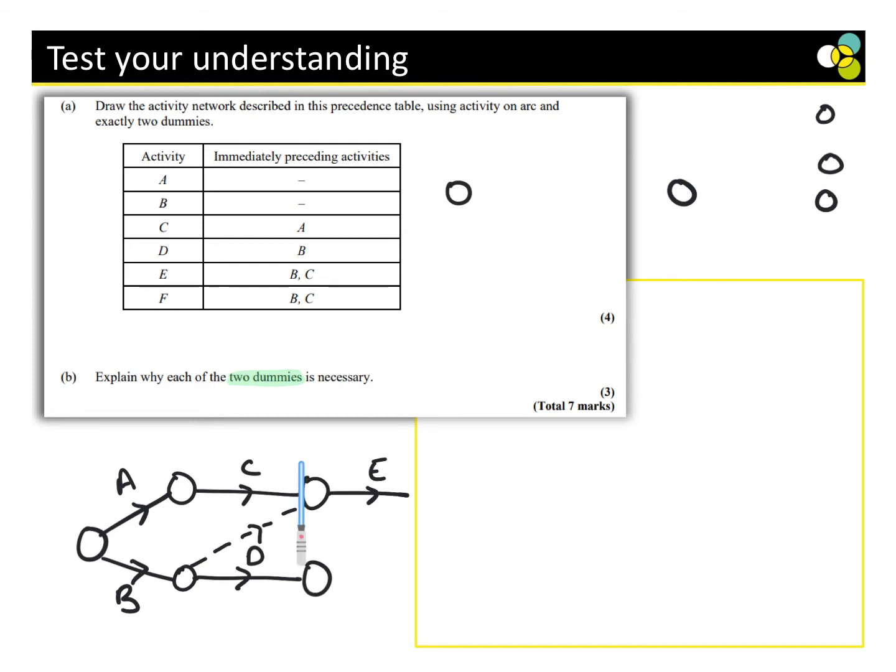If I look at this, what has to happen for this to be completed? C and B. F is also completed. Okay, and then I've drawn that F. Brilliant. If you got to here, fantastically incorrect. Absolutely amazing. How do we now fix this?